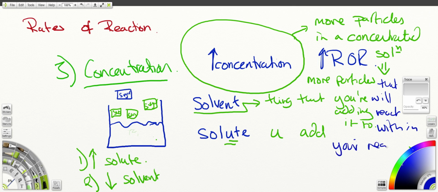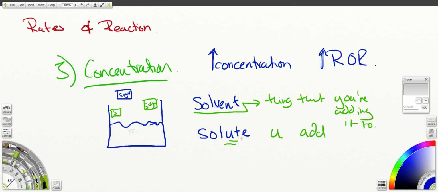So that's the third thing you need to be aware of: increasing the concentration. That is going to help you to increase the rate of reaction.